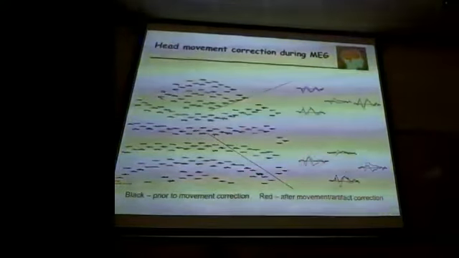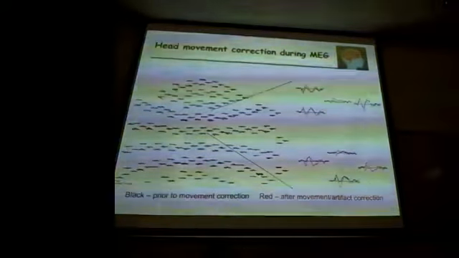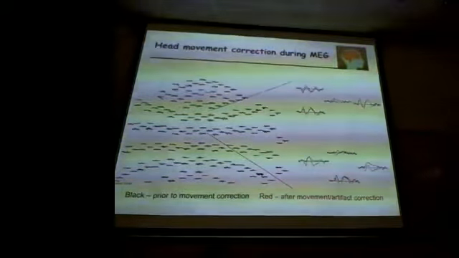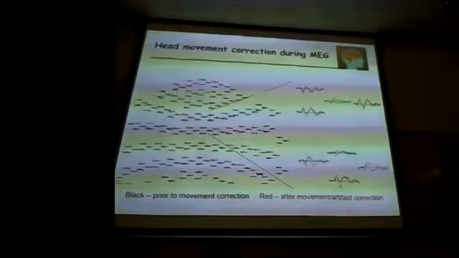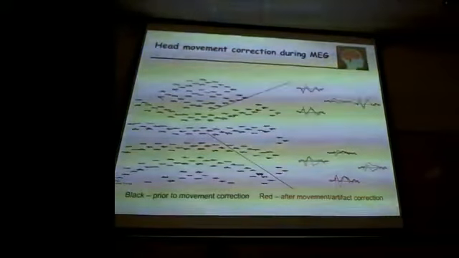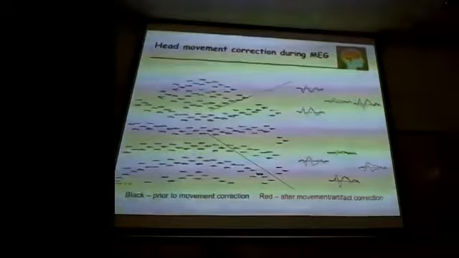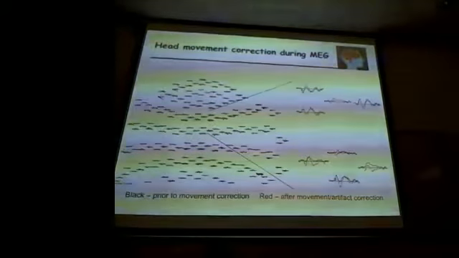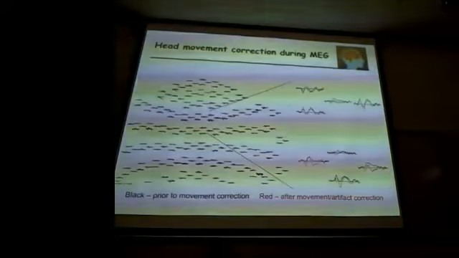So one of the advantages of our current MEG system is that we track head position at every data point, and because we know precisely where the head is relative to the sensors. We just didn't previously collect head position throughout data collection. So that's the more recent advancement.